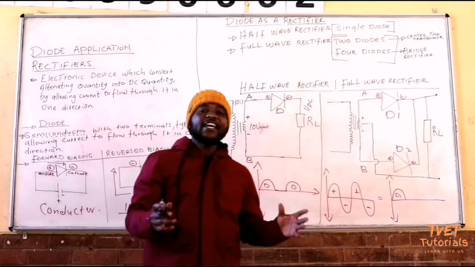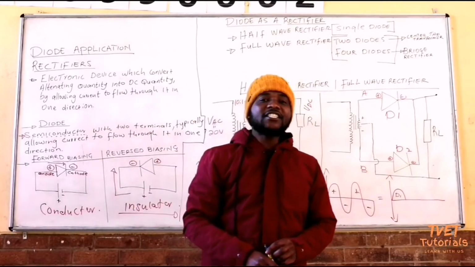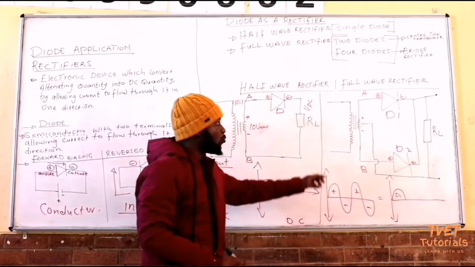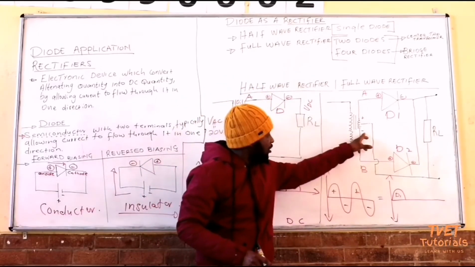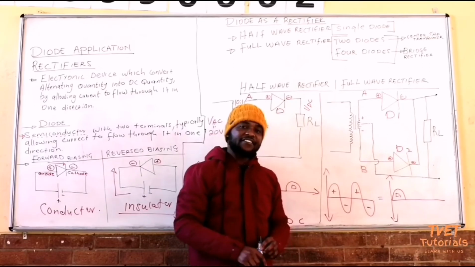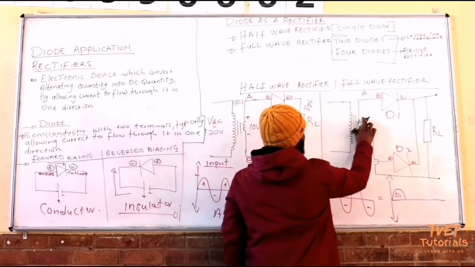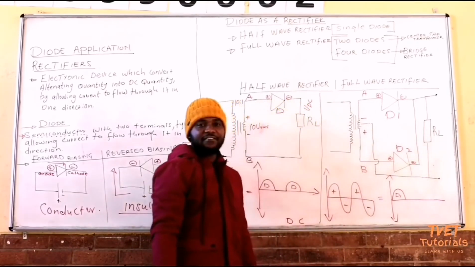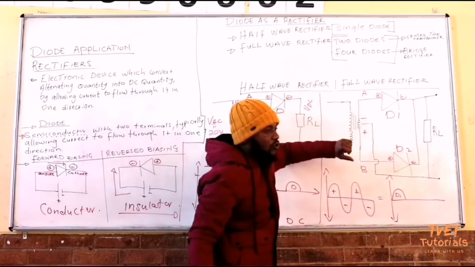Now during the negative half cycle, let's check the terminals. Let's make A negative and B positive during the negative half cycle. So we have that one negative and that one positive.